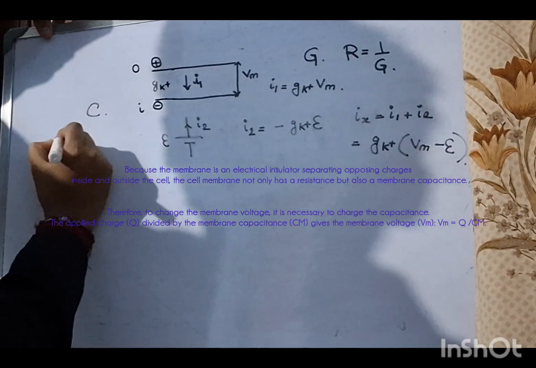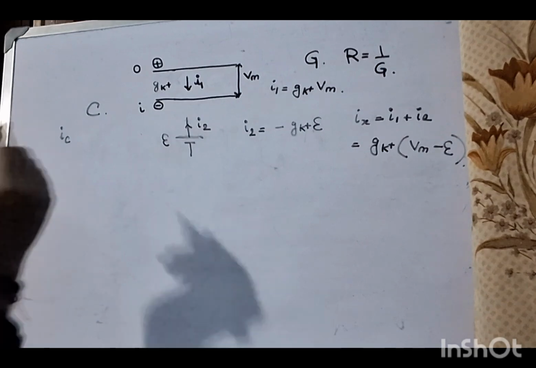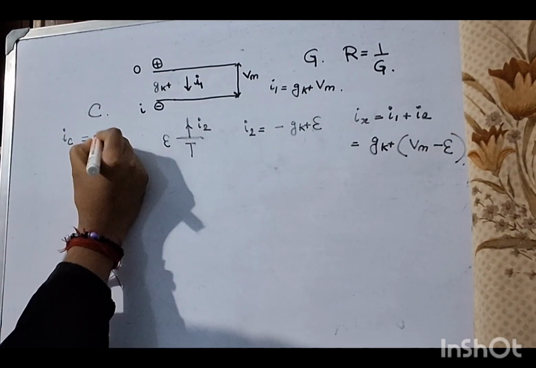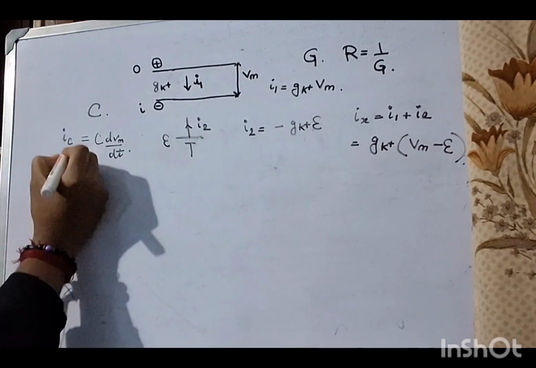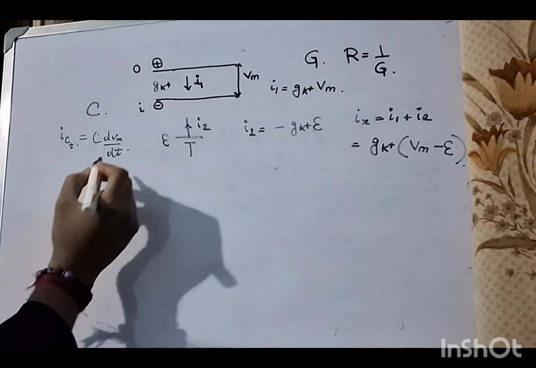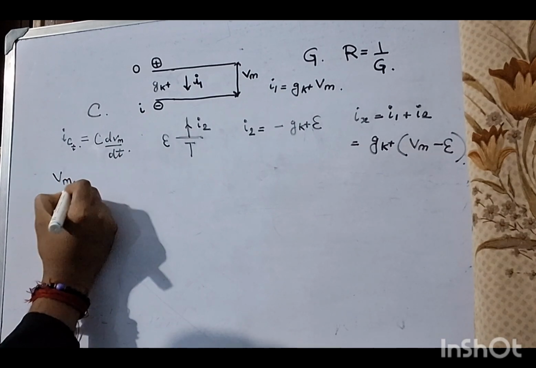Suppose the current flowing through the capacitor, IC, is a function of the transmembrane potential. So IC equals C dVm/dt. From here we can find the value of Vm at any particular time.